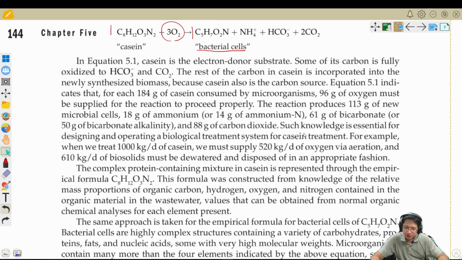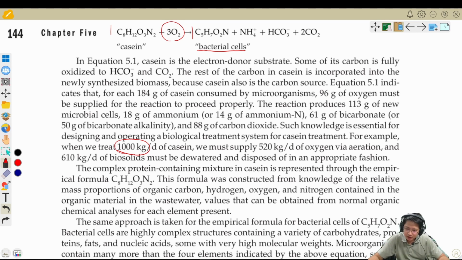In our previous example, we use casein as our substrate for aerobic oxidation and cell growth. Within these reactions, if 1,000 kilograms per day of casein is used by bacteria, you can calculate the products and the oxygen requirement.